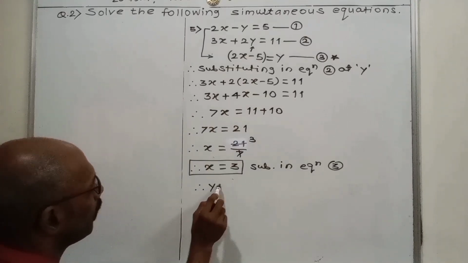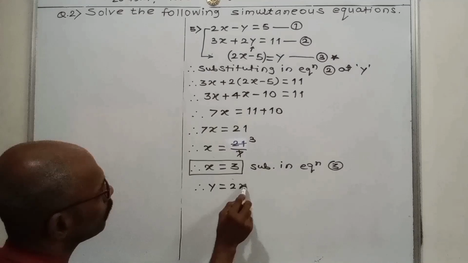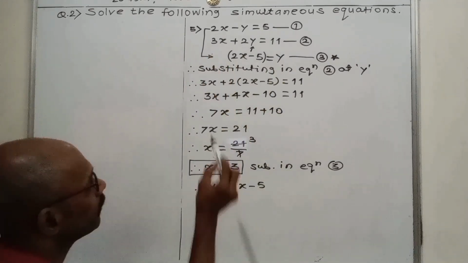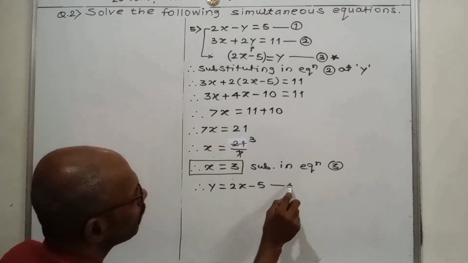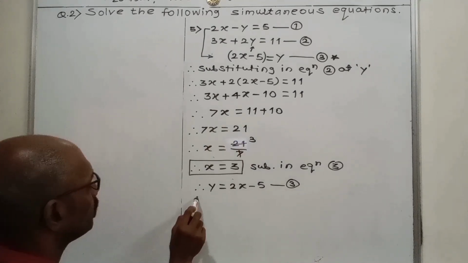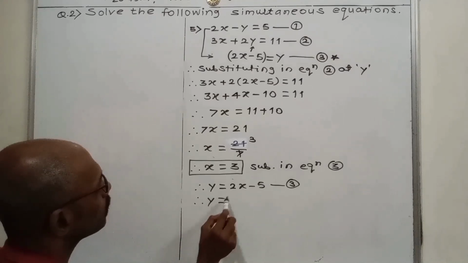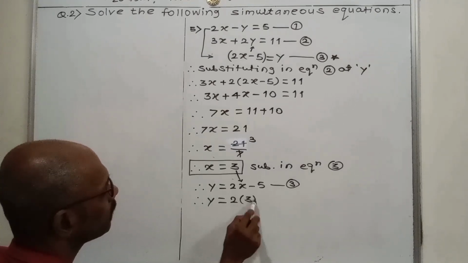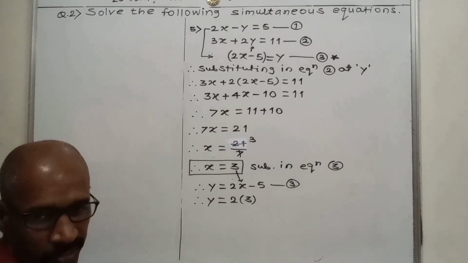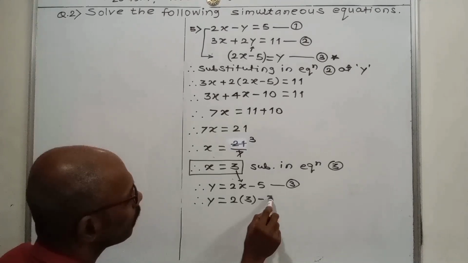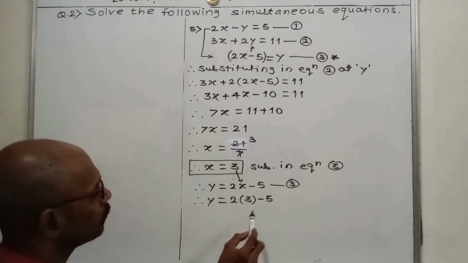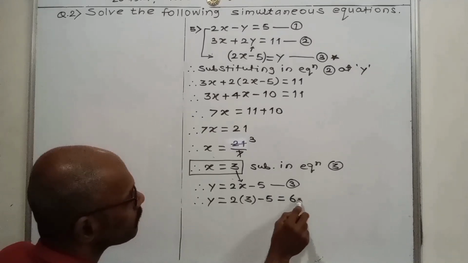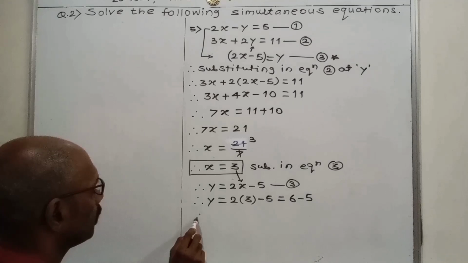Therefore y is equal to 2x minus 5, equation number 3. Therefore y is equal to, we put value of x, 3, 2 into 3 minus 5 is equal to 2 into 3, 6 minus 5.